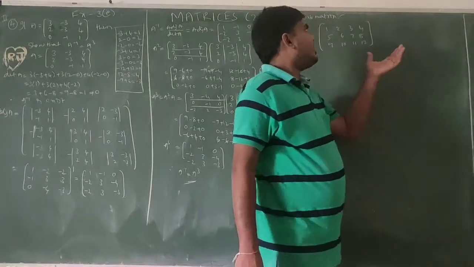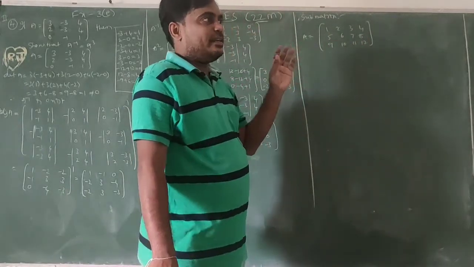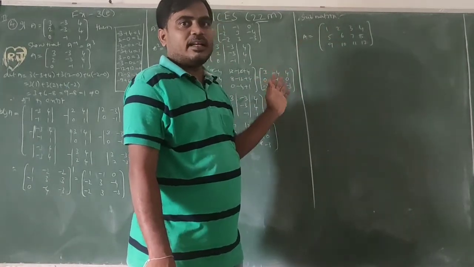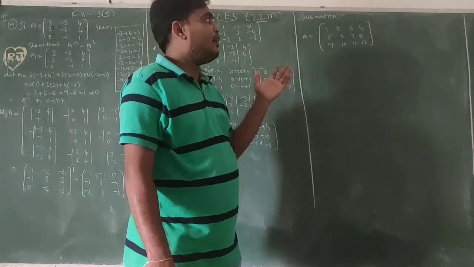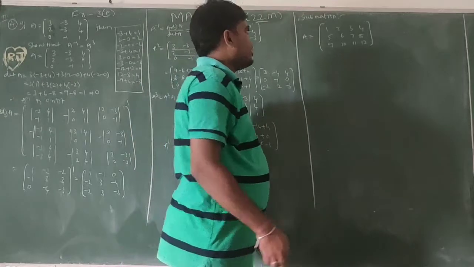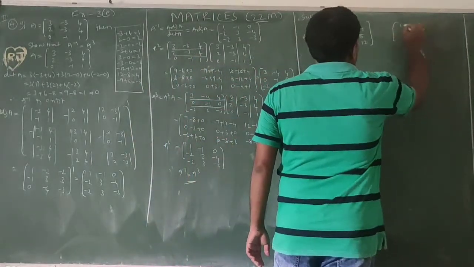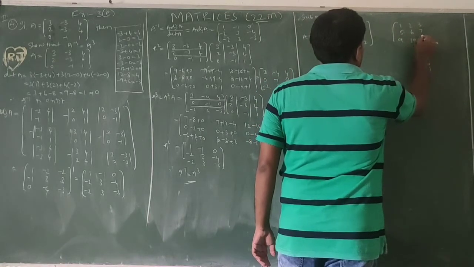Similarly, here it is a matrix. I want to take some elements in a particular order. The matrix obtained is called a submatrix. For example, I am taking 1 2 3, 5 6 7, 9 10 11.